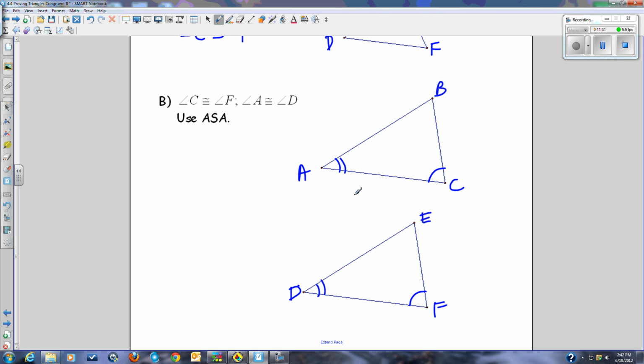Well, in order to use ASA, we must pick a side that's between the two congruent corresponding angles. Well, that would have to be side AC and side DF. Those are our only choices. So we would also need to know that side AC was congruent to side DF in order to use ASA.